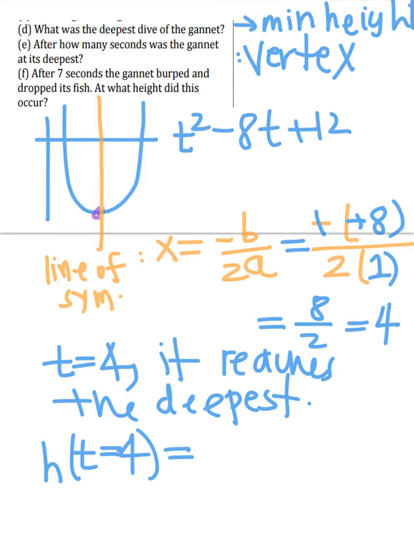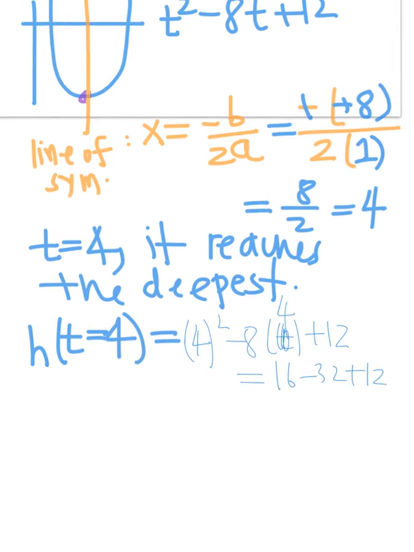You just simply plug that value in, let me just write it down really quick. 4 squared, minus 8 times 4, plus 12 equals, sorry, this should be 4. 16 minus 32 plus 12. And that's a negative 4. So the deepest height is under the water, 4 units, 4 feet below the water.